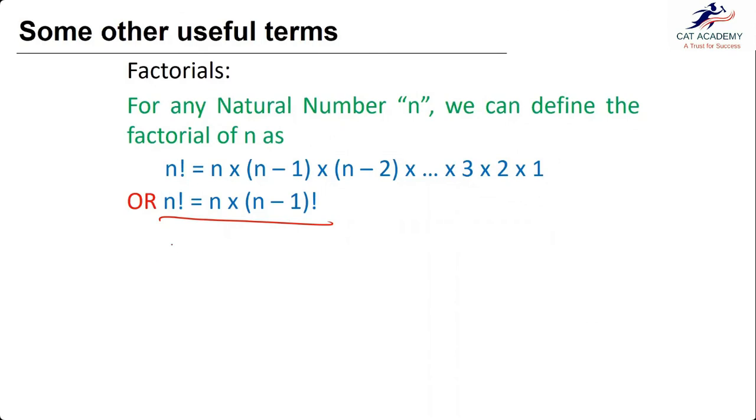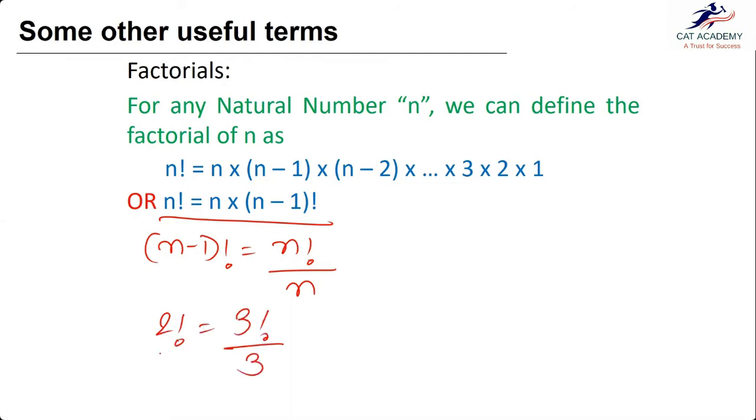So can I say from here that n minus 1 factorial is equal to n factorial upon n. So for example, put n equal to say 3. So can I say 2 factorial equal to 3 factorial upon 3? Or 4 factorial equal to 5 factorial upon 5?